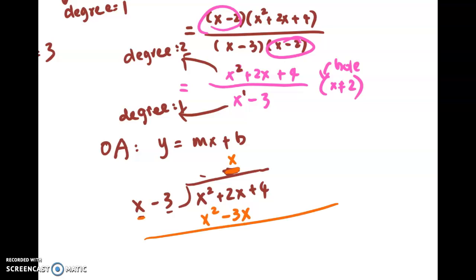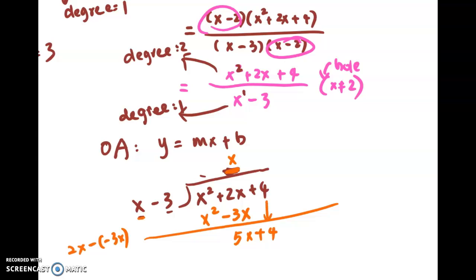Let's draw a line and subtract, just like how we perform the long division with numbers. x squared minus x squared is 0. Over here, 2x minus negative 3x is positive 5x. Now let's drop the next term, plus 4.